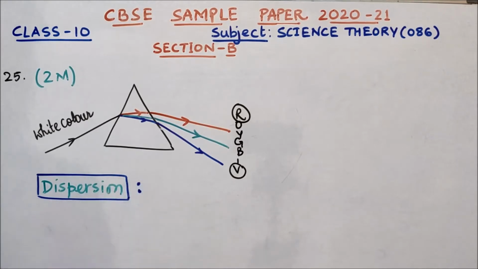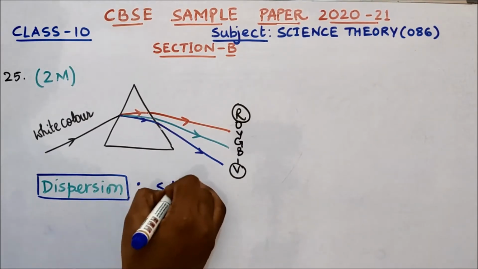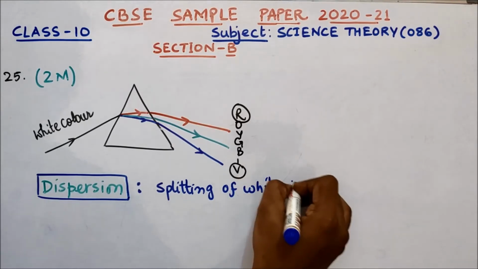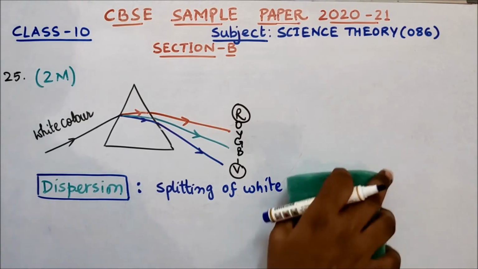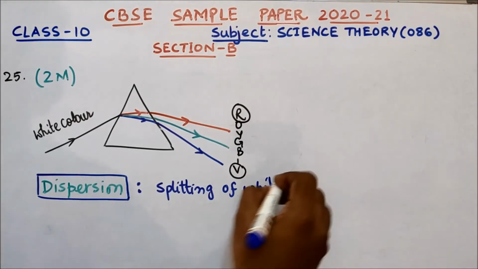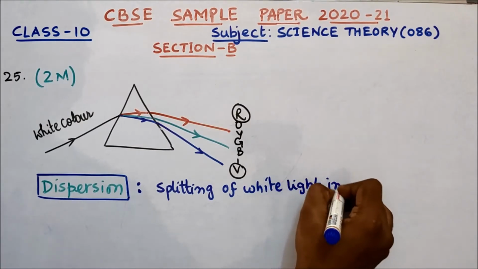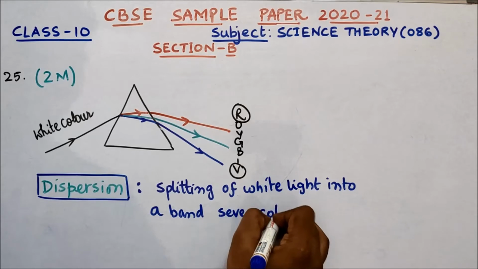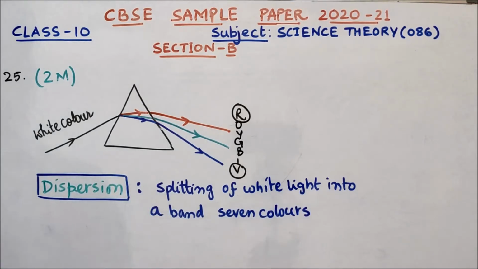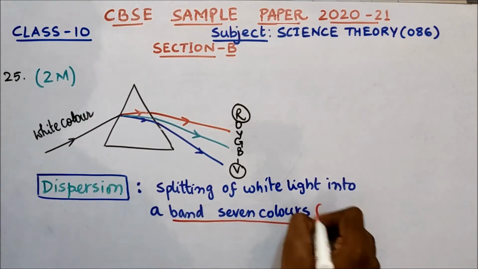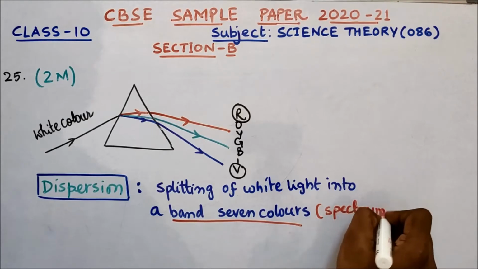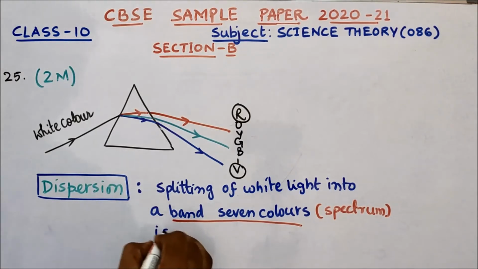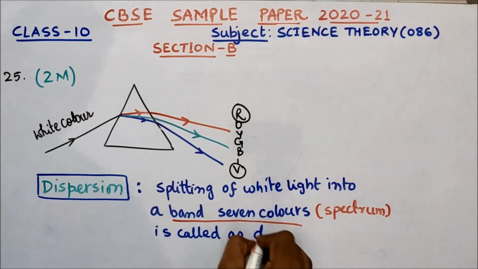Just for explanation, what is dispersion? Dispersion is the splitting of white light into a band of 7 colors, and we call this band a spectrum.